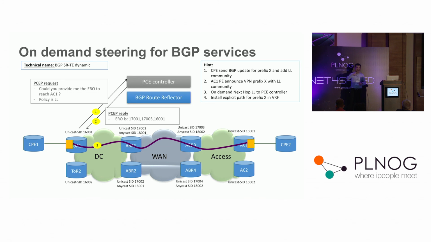And then the answer will come from the PCE controller with this list of segment IDs. So it pushes the list of segment IDs back to TOR1, based on the constraints, which was the BGP community. And then the forwarding will be based on whatever the PCE controller pushed, based on the segment IDs, right?